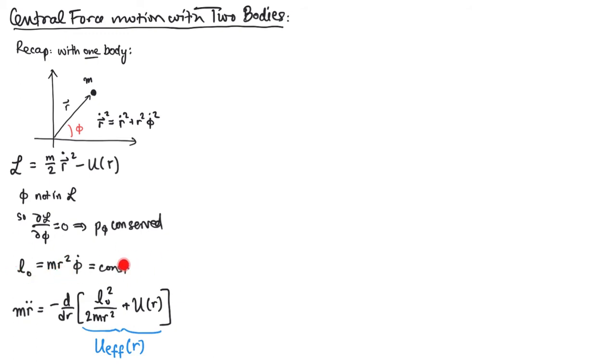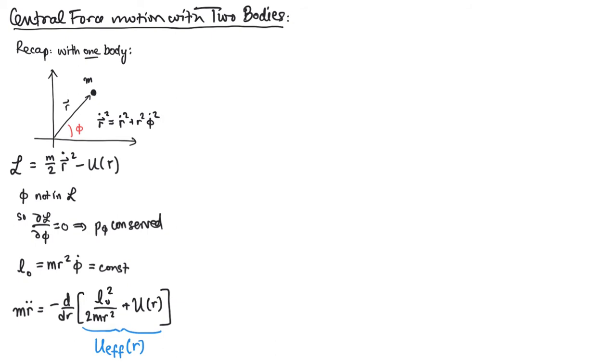So that's a constant. When you combine the two Euler-Lagrange equations for r and for phi together, using this constraint, we arrived at a single differential equation for the r coordinate involving only r, and constants, but no phi.